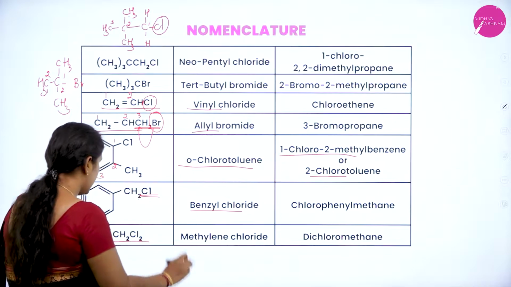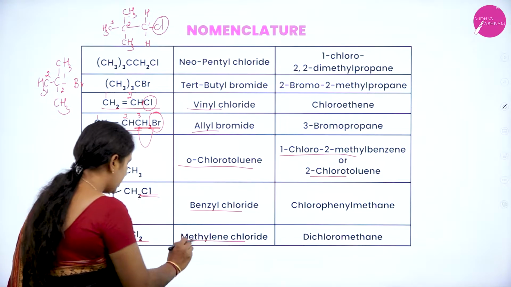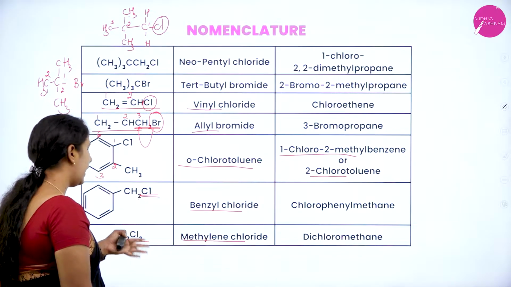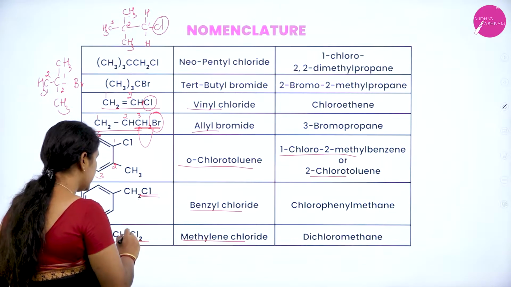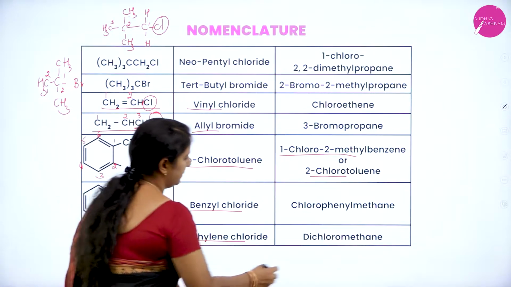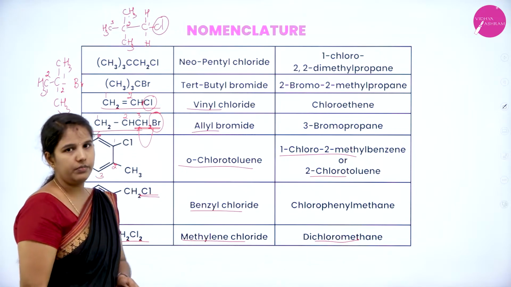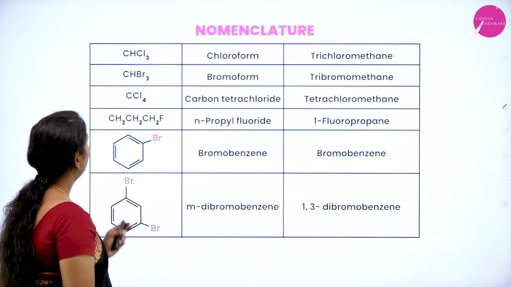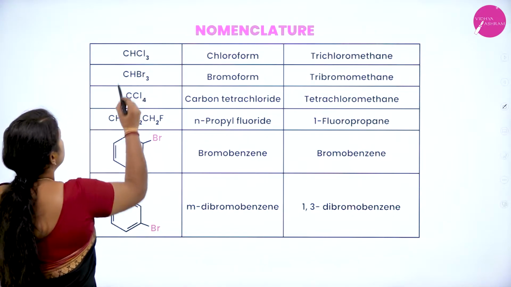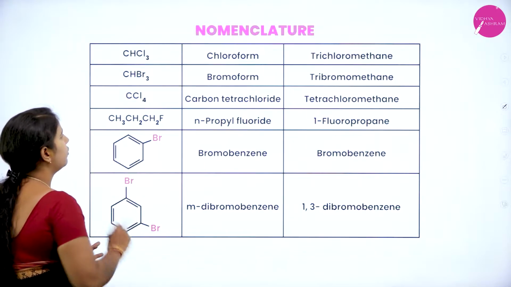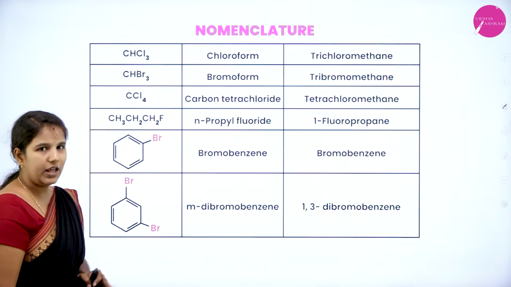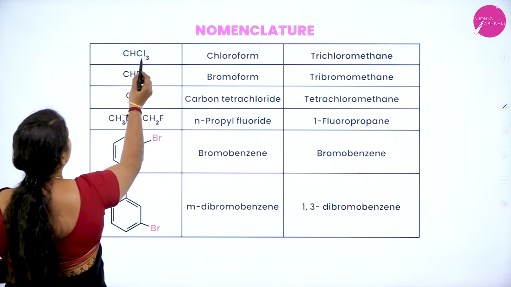Next we have CH2Cl2. It is known as what? Methylene dichloride, or you can say that methylene chloride also. And in IUPAC name we say that dichloromethane. Dichloromethane. Next we have CHCl3. We know that this is chloroform, the common name, and in IUPAC name we say that how many chlorine groups will be?